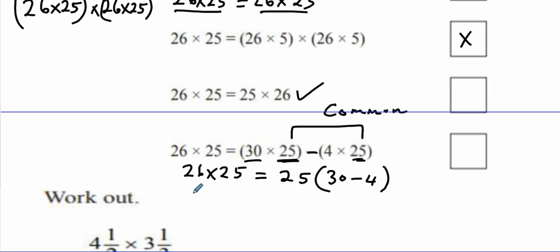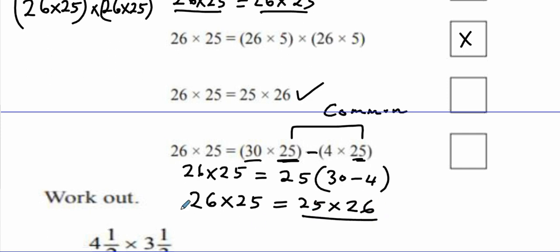Now let us see. Over here on the left, you have 26 times 25, but 30 minus 4, what is that? 30 minus 4 is 26. So you see, 25 times 26, 26 times 25. So this statement is correct because 26 times 25 and 25 times 26 are all the same.